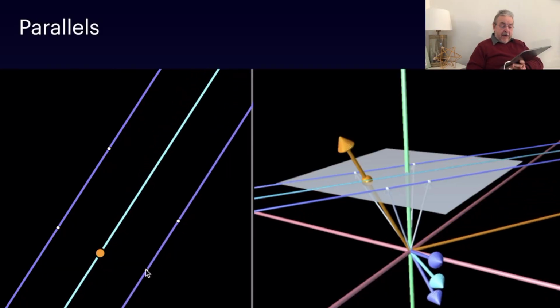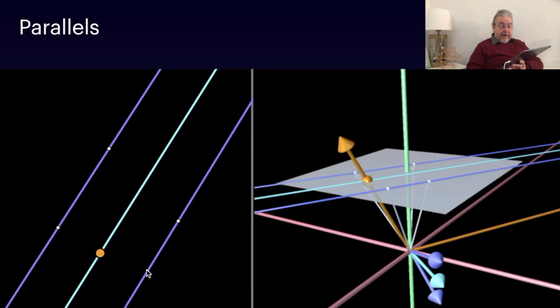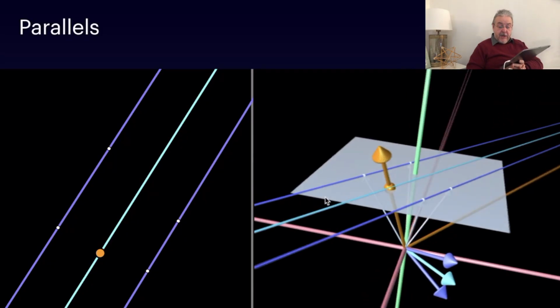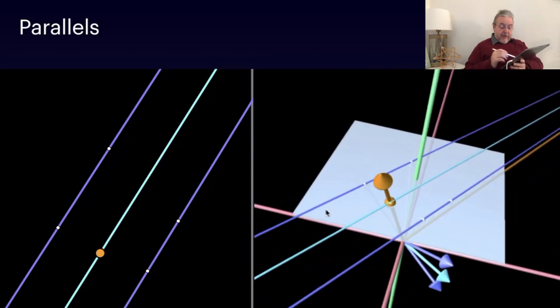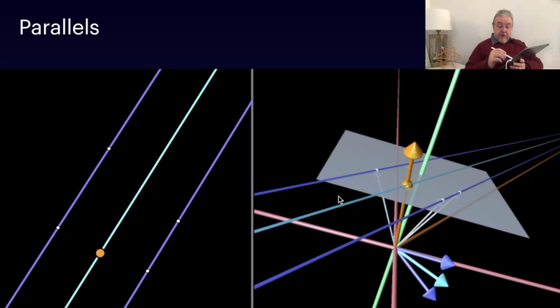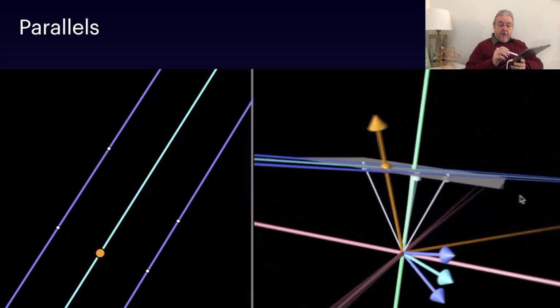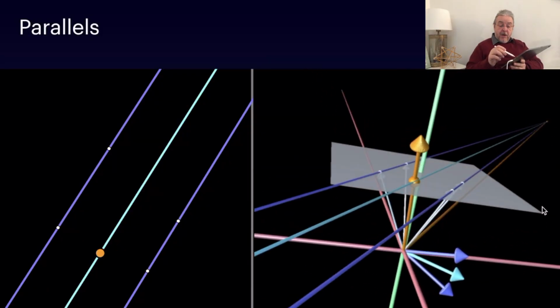Again, I try to hit this parallel position, and you see this point here, which corresponds to a vector being very far out, corresponding to a point at infinity, and these things are parallel because they meet at infinity.